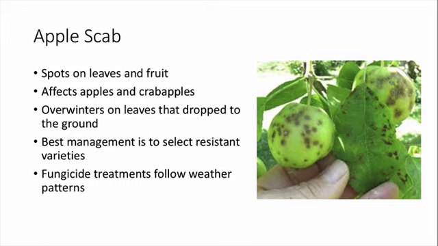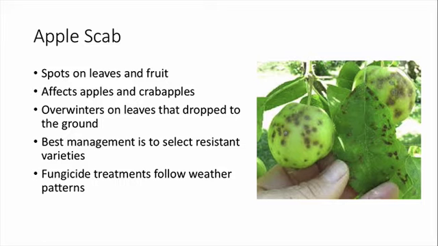The fungus overwinters on leaves that have dropped to the ground and hang around and serve as the inoculum source for the next year's infection. And there's actually software that's written to help you time, if you're a professional orchardist, when you have to spray your plants to prevent apple scab.